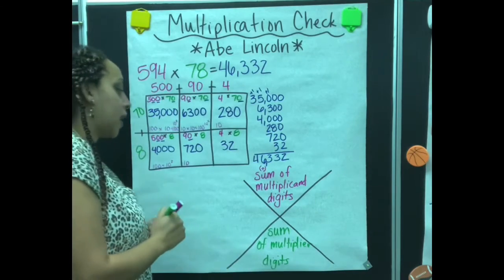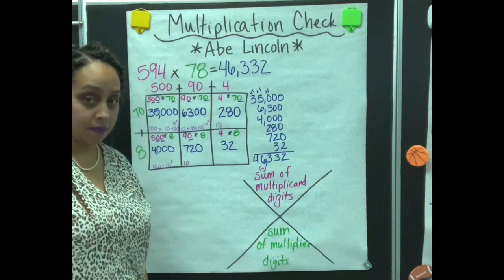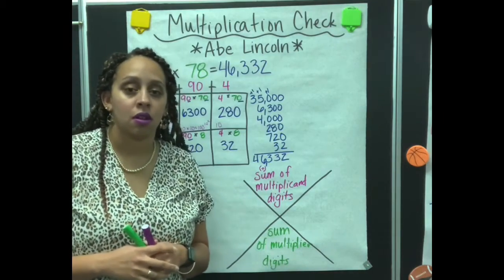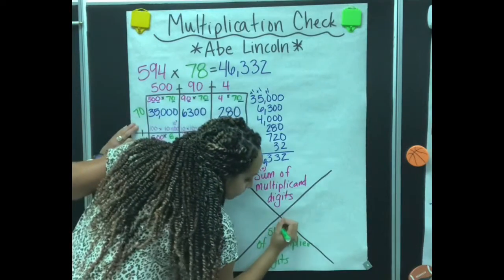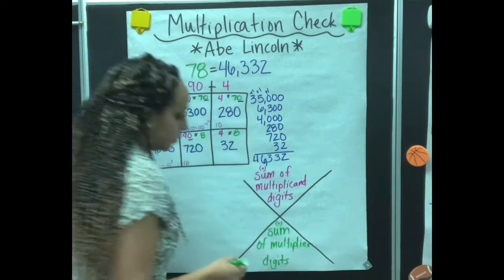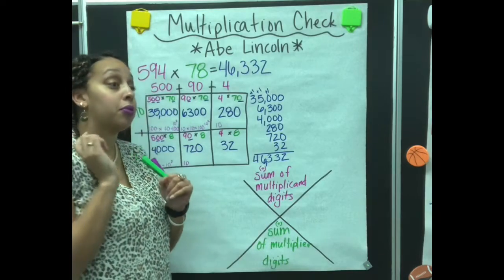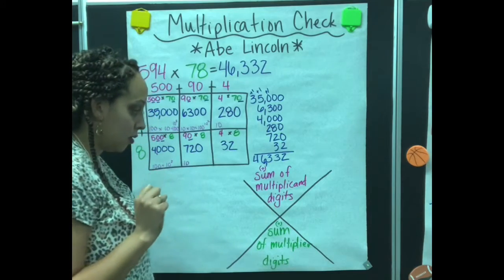Okay, so you're going to have the sum of the multiplier digits on the bottom. And sum means we do what operation? We are going to add. Okay, and digits means numbers 0 through 9, and they're all single.